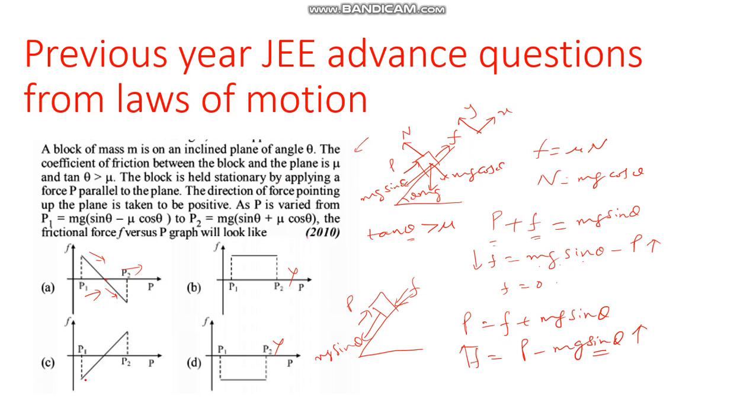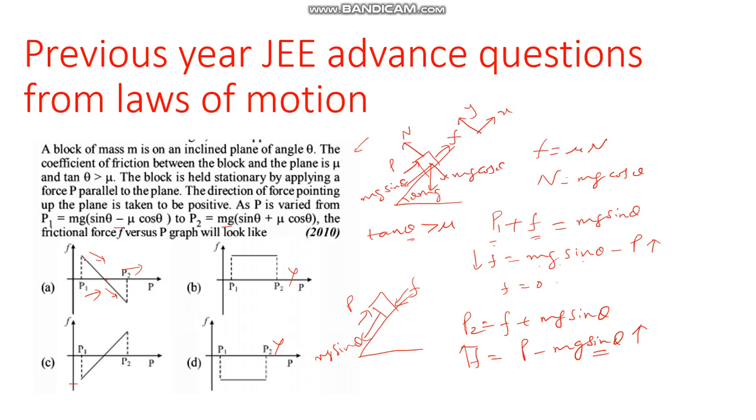But this graph has started from a negative value, which is not so. He is calling this P1 and this P2. In the place of F you need to write this mg cos theta, then it will match with what he has given.